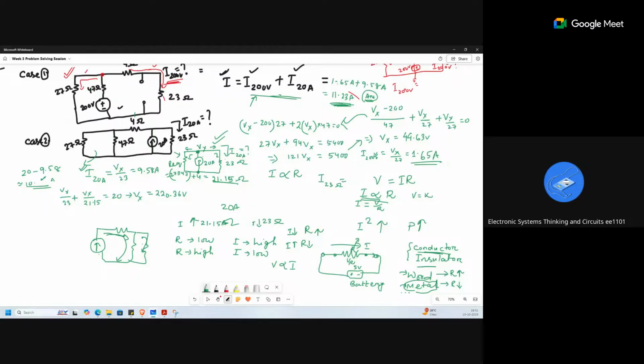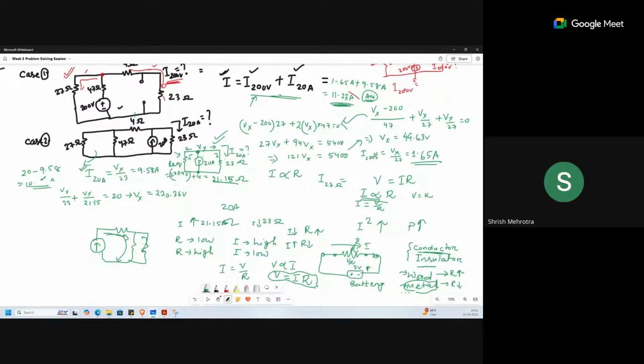If you increase the voltage, the current will increase. If I take the proportionality constant as R, then voltage is multiplied with I into R, giving you Ohm's law. So here, I is equal to V over R.